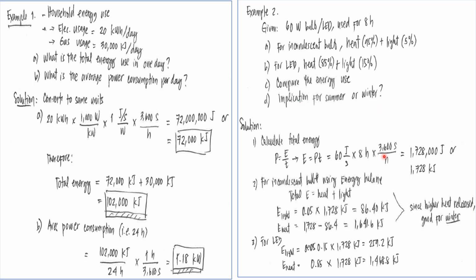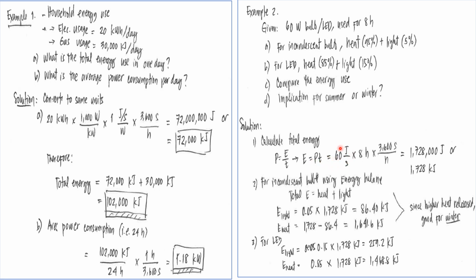So the first step is to calculate the total energy. We are given 60 watts and 8 hours of use. What is the unit of energy? The unit of energy is joules or kilojoules or kilowatt hour. We can choose kilojoules. Given that power is equal to E over T, energy is power times time.